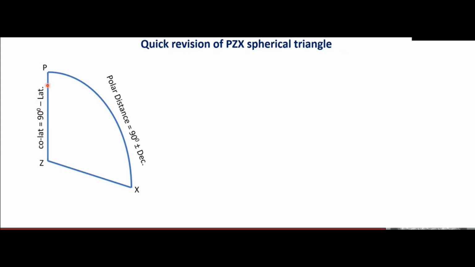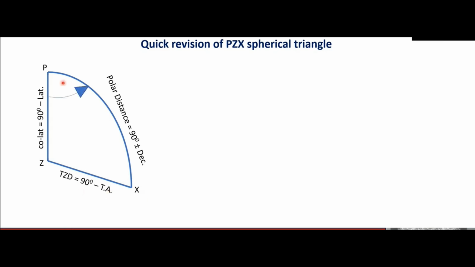Side PX, the arc of the meridian of body X, is called the polar distance and is always equal to 90 plus or minus declination. Side ZX, the arc of the observer's vertical circle passing through X, is called the true zenith distance and is equal to 90 minus true altitude.